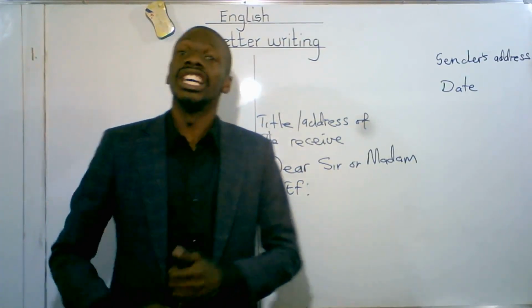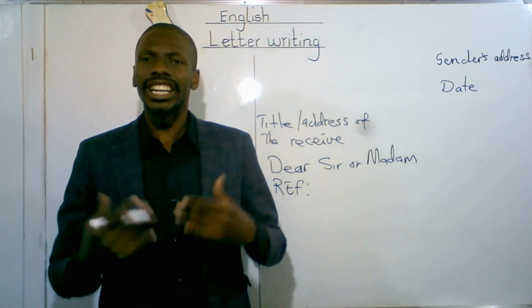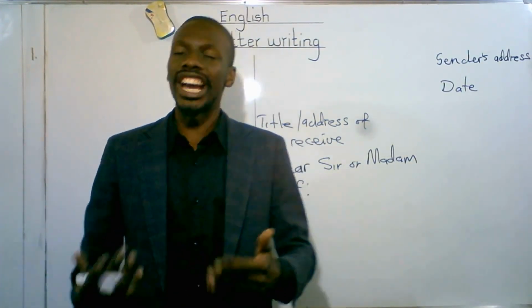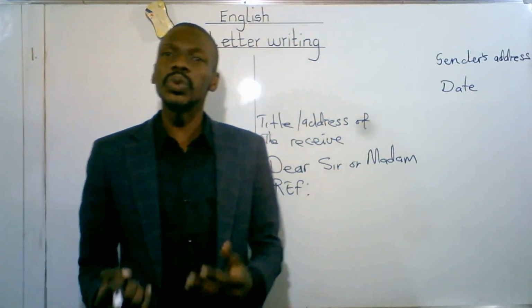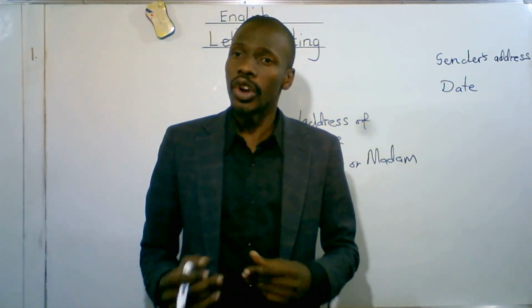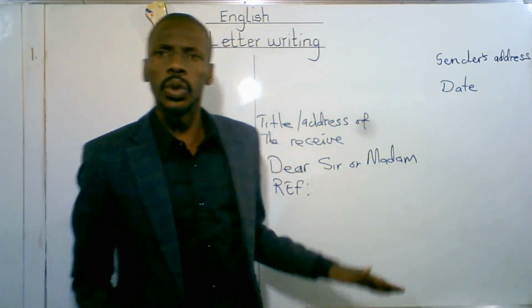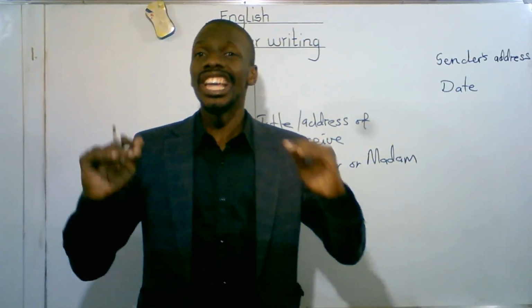How do we write our reference? There are two ways in which we can write our title or reference. I can use capital letters to write my title. If I use capital letters to write my title, I'm not supposed to underline my reference.